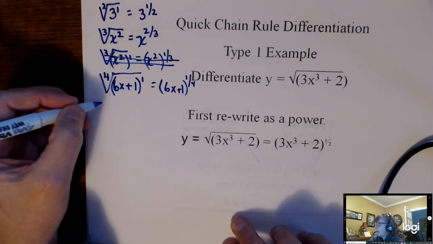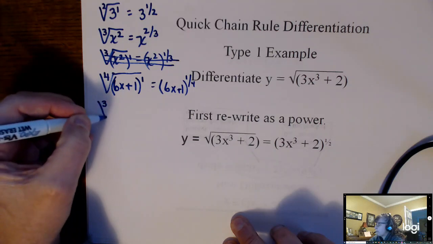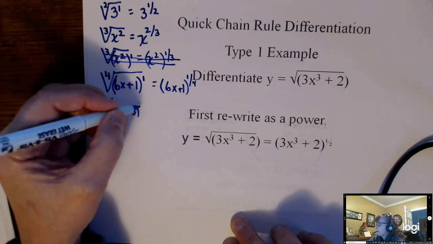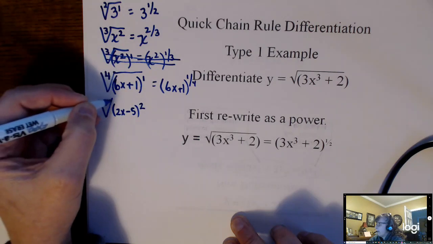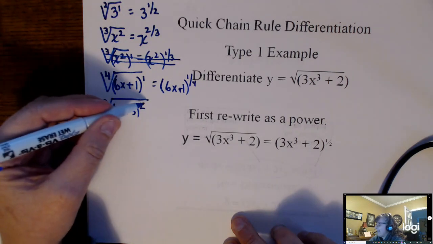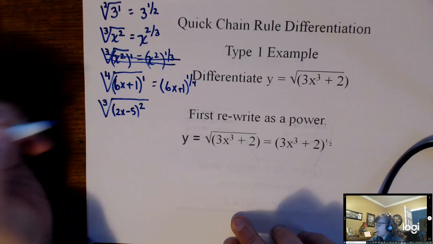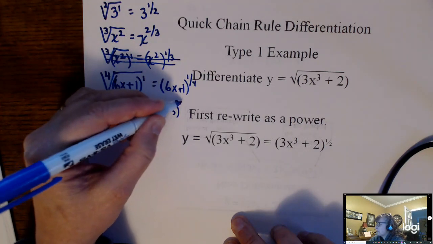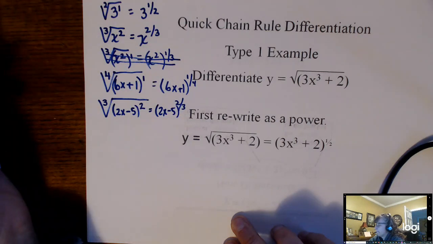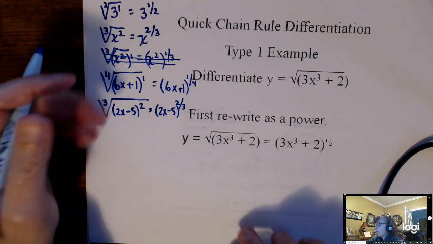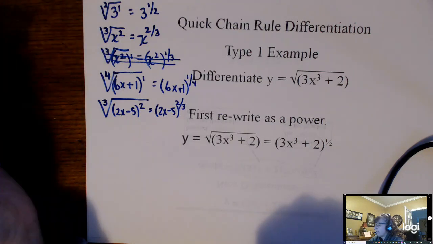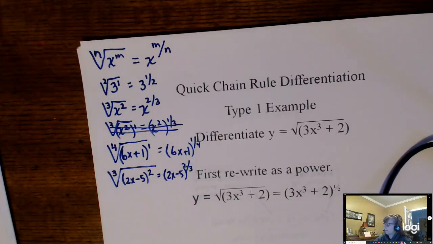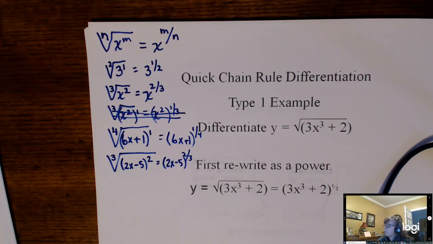But if you had the cube root of 2x minus 5 to the second power, again, you would not need to add an exponent. There's already an exponent there, so don't make it harder than it is. That's 2x minus 5 to the 2/3. Okay, so those are just a couple of quick review expressions of radical and rational exponents.